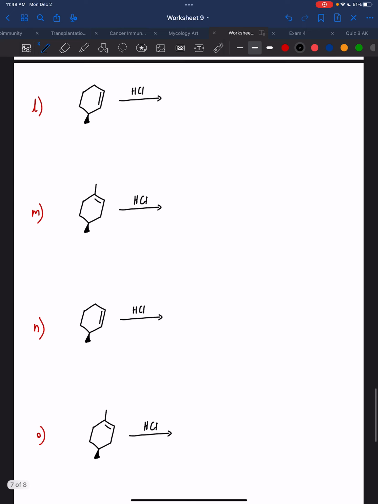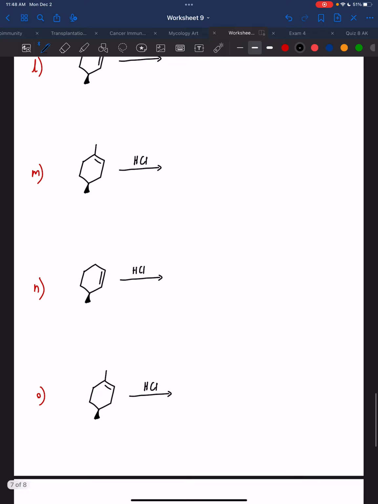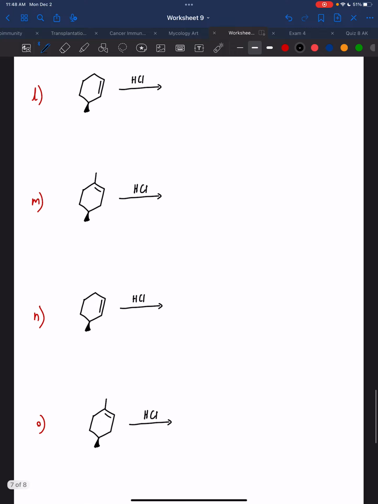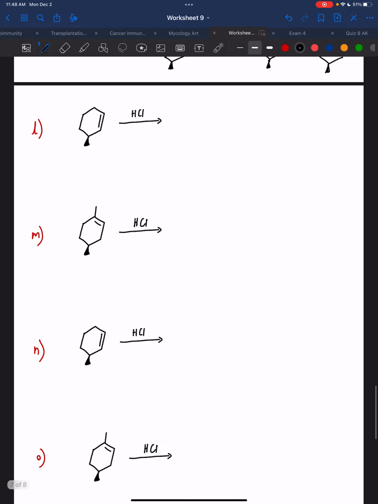Next one that we'll do is HCl reactions. I don't know why I wrote so many HCl reactions, but let us see, because I'm probably trying to confuse you somewhere with this. But we can do this really fast. So, HCl, you protonate it.